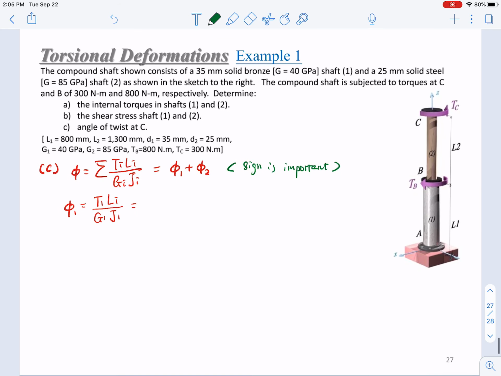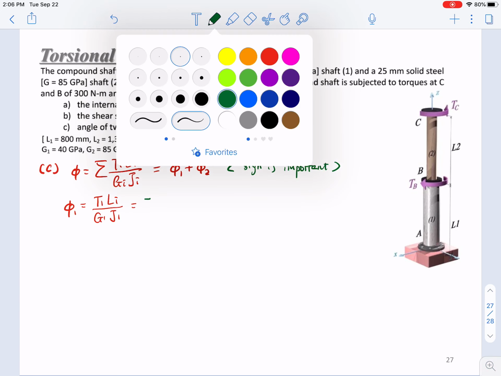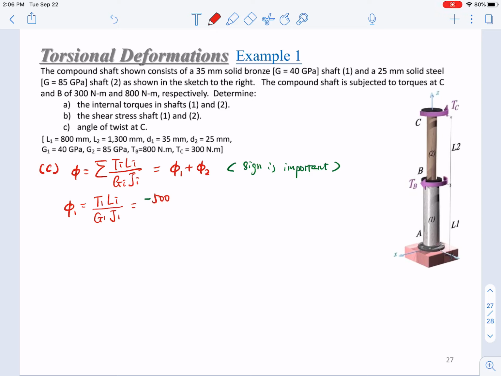So T1 is negative 500 Newton meter, and we need to convert it into Newton millimeter, so times 1000 Newton millimeter, times L1, that is 800 millimeter, over G1, which is 40 gigapascal, so 40 times 1,000 MPa, times 147,300 millimeter to the fourth.